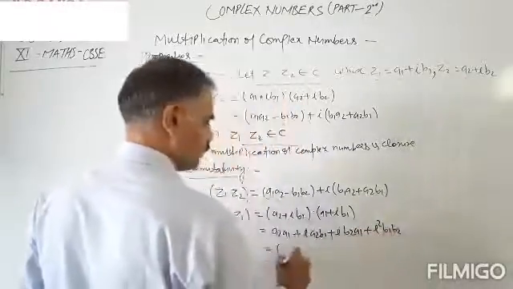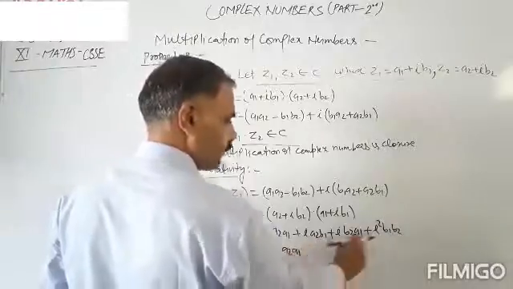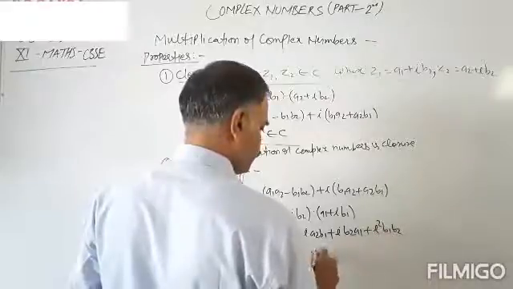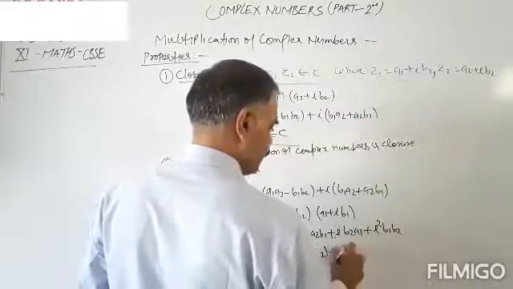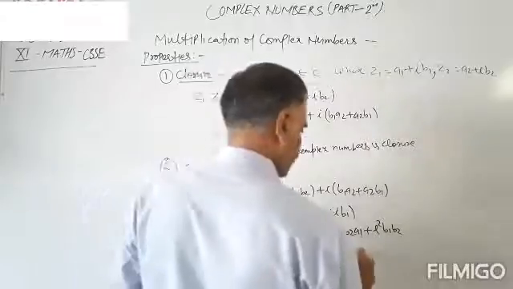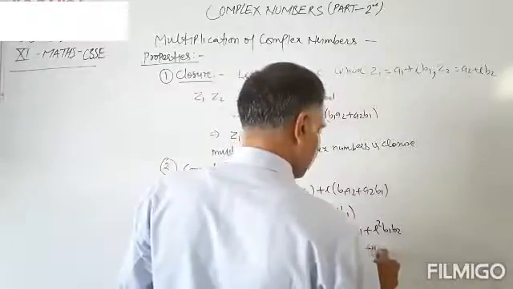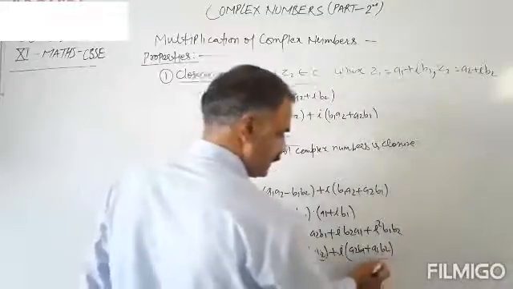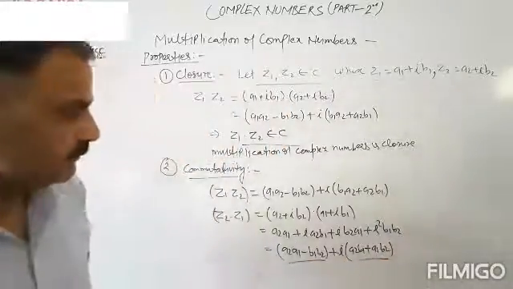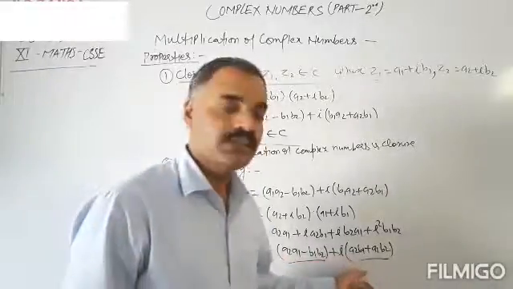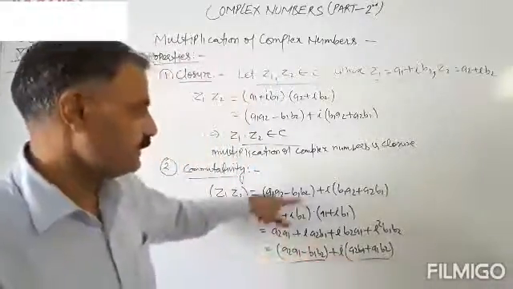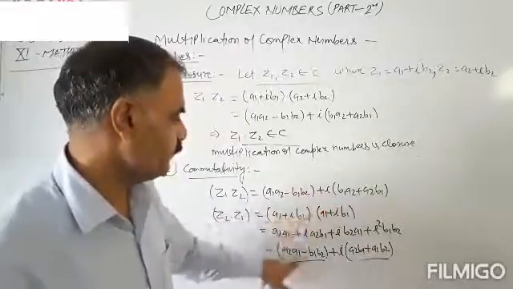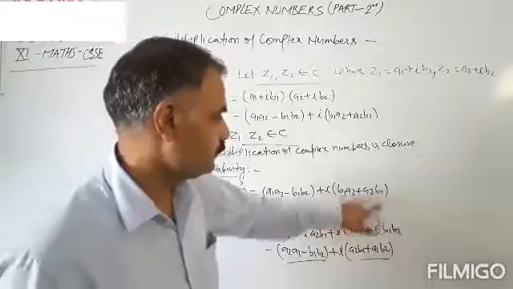Here iota square is minus 1, so A2 A1 minus B1 B2 plus iota taken common, (A2 B1 plus A1 B2). This is the real part and this is the imaginary part, and this is the same as Z1 into Z2.